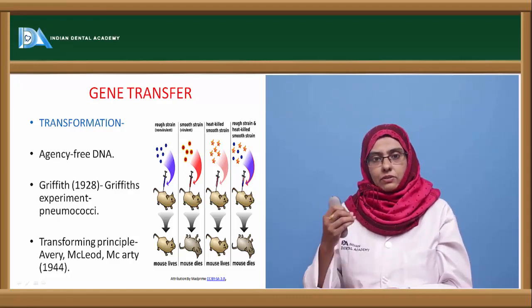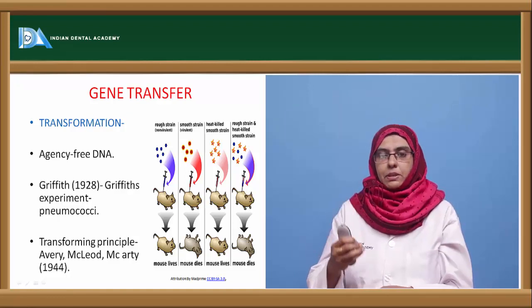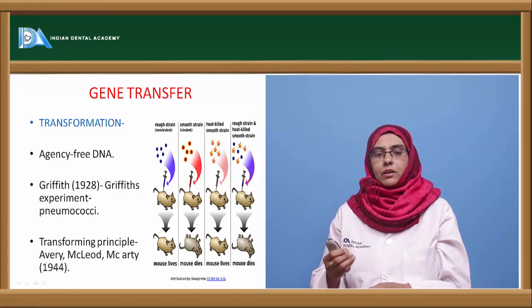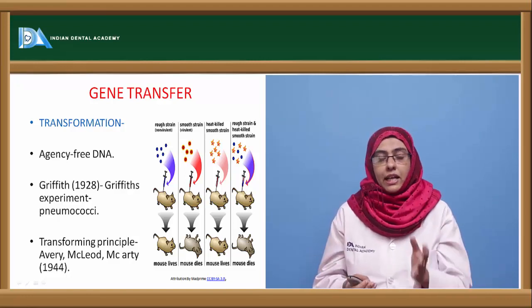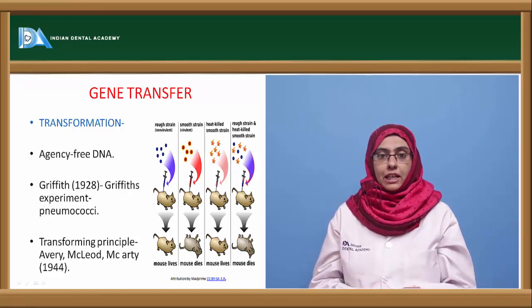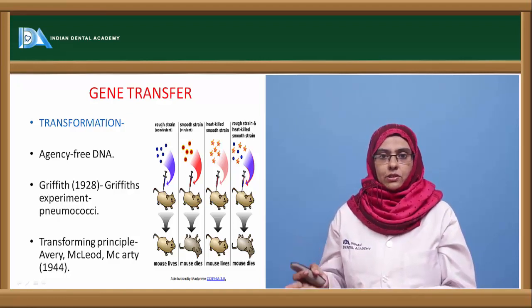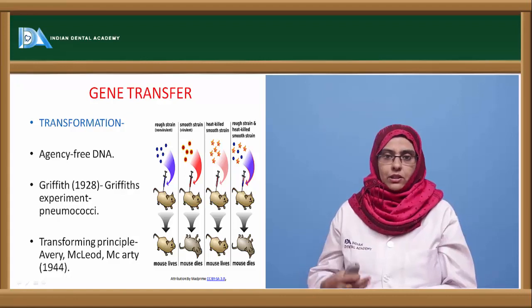Later, further experiments were carried out, and finally three scientists, Avery, MacLeod and McCarty, proved that the transforming principle is nothing but the DNA molecule, transferred from the heat killed 3S strain to the 2R strain, changing the 2R strain to the 3S strain.